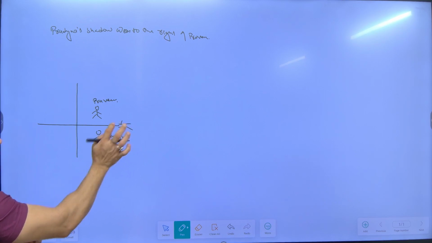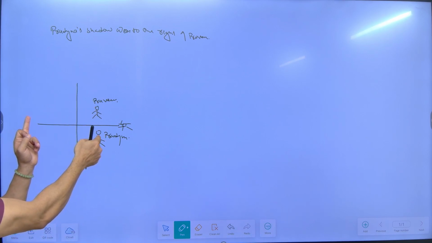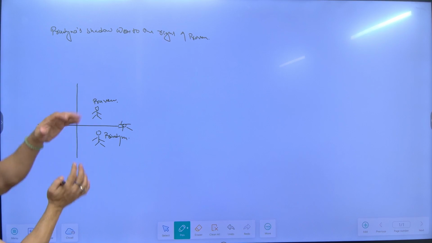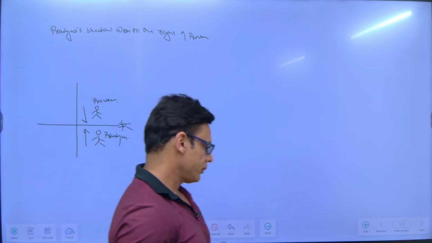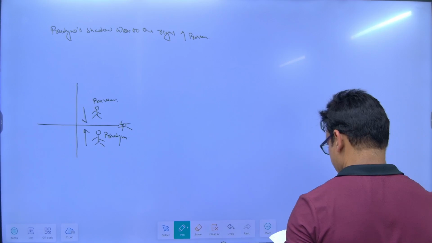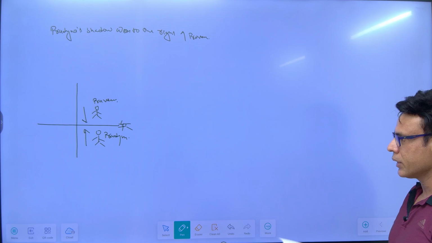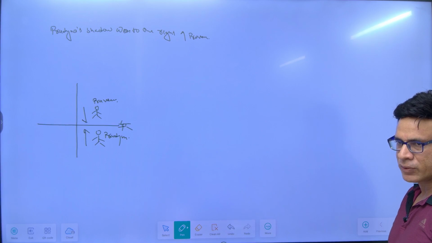This is the sun. Praveen's right is this side, so Pradnya's shadow is falling to the right of Praveen. Both of them are facing like this. Pradnya is facing north, Praveen is facing south. What is your question now? In which direction was Pradnya facing? So Pradnya was facing north.